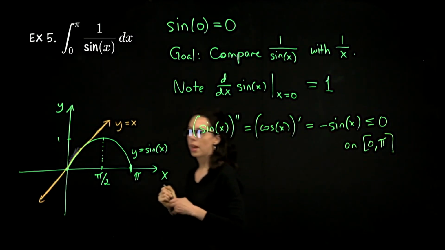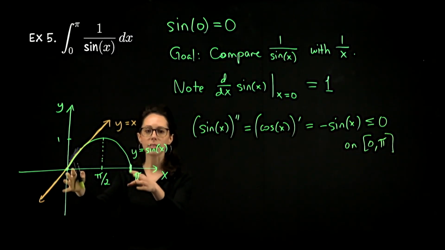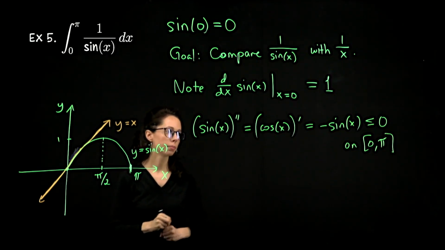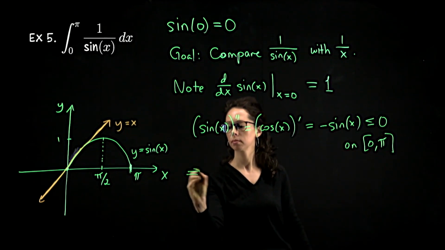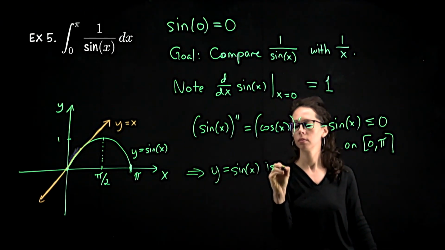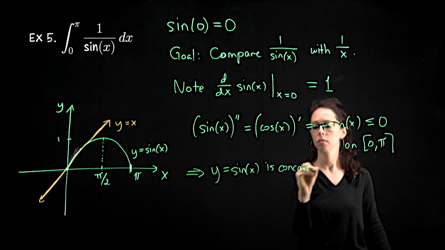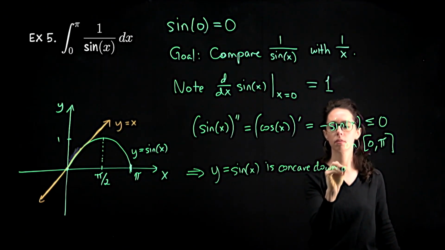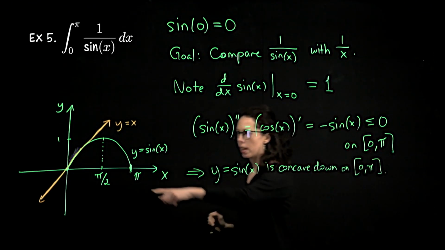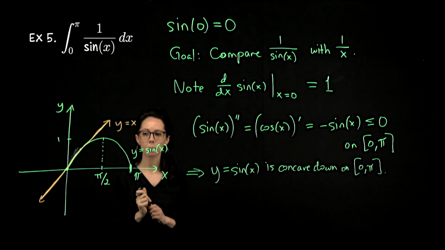That means that our function here is concave down. So from this point, we bend down, we're under our tangent line. So we know that y equals sine of x is concave down, and it's sitting under the tangent line that we have at the left point of this domain.